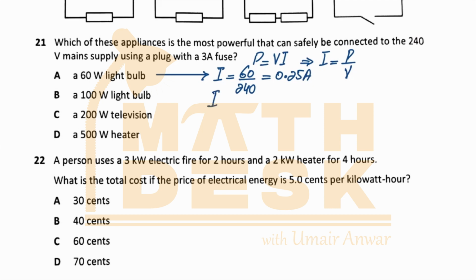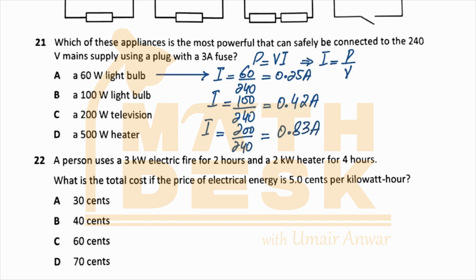Similarly, for the 100-watt bulb, we have 100 divided by 240, so current would be 0.42 amperes. Similarly, for the 200-watt television, we have 200 divided by 240, so current in this case would be 0.83 amperes.